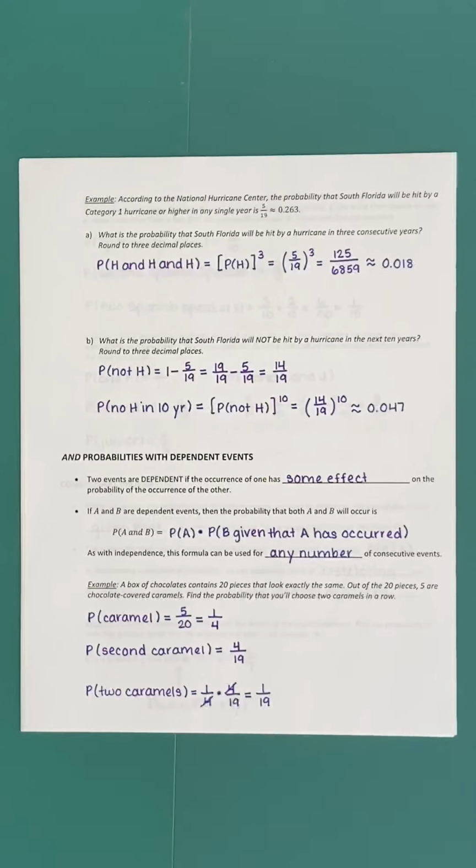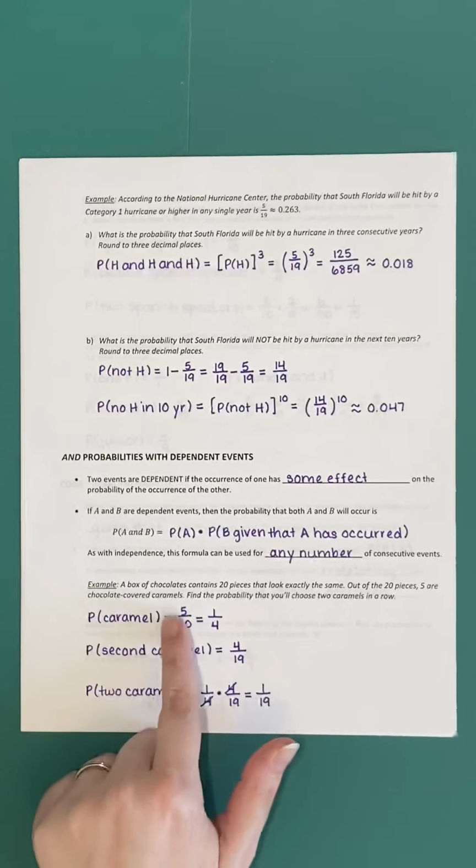Well, number 1, it affects the next event because now there's fewer chocolates in the box. Once we draw one, there's only 19 candies in the box. But more importantly, the fact that we draw a caramel the first time now means that we have fewer caramels to draw from the second time.